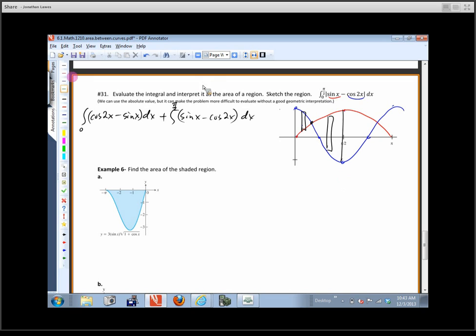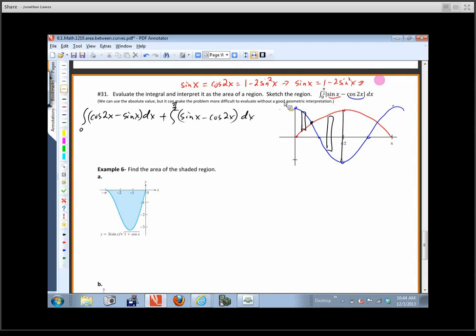Does anybody remember how to find out when the sine of x is equal to the cosine of 2x? Double angle. Yeah. So when the sine of x is equal to 1 minus 2 sine squared of x, I'm going to make it look like this.